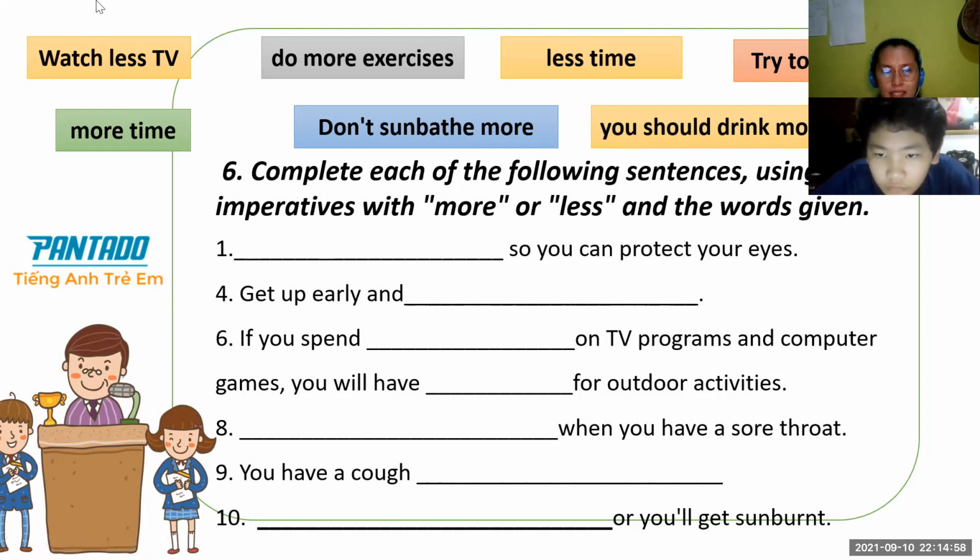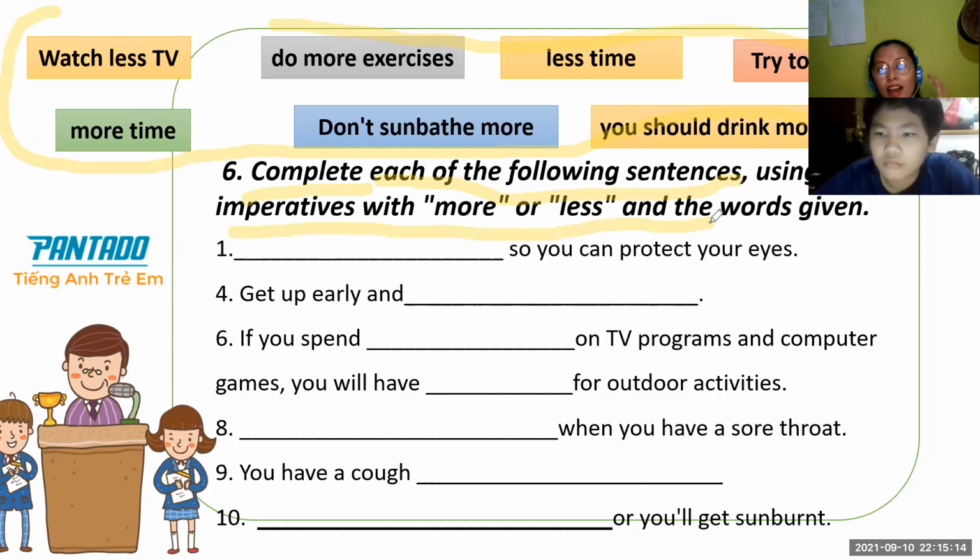Those are the phrases here. This time, I want you to complete each of the following sentences using the imperative with more or less and the words given there. You will just need to complete it here.